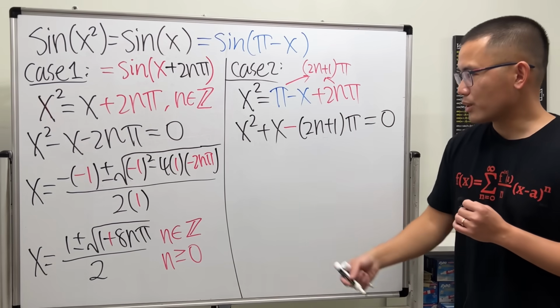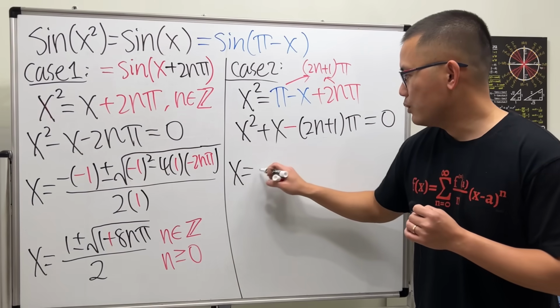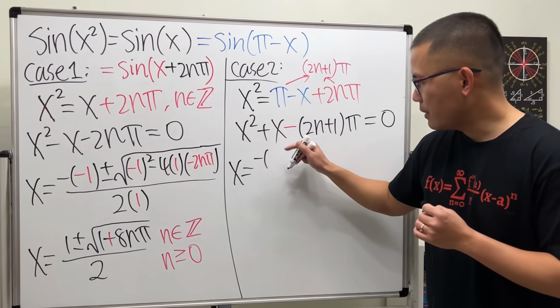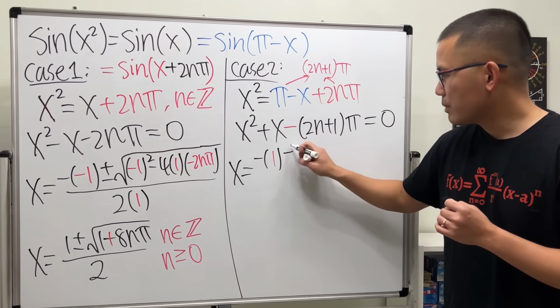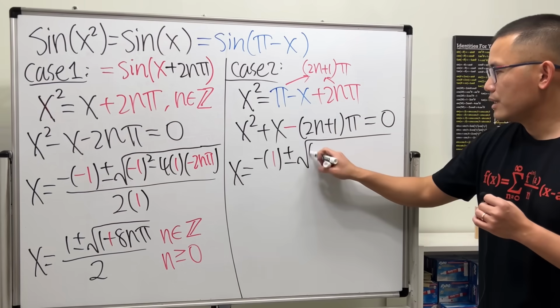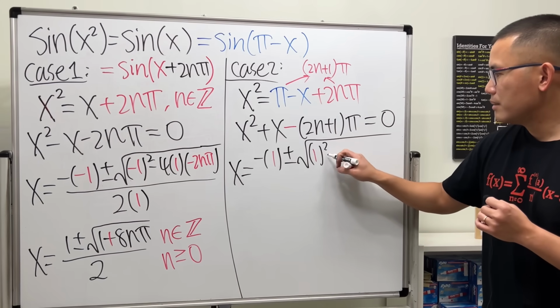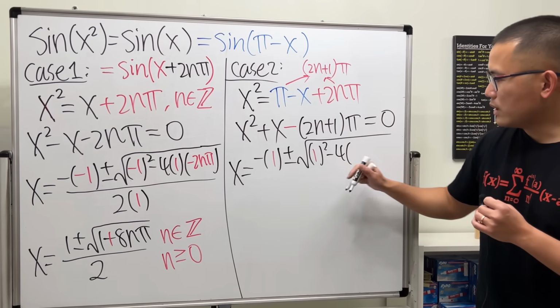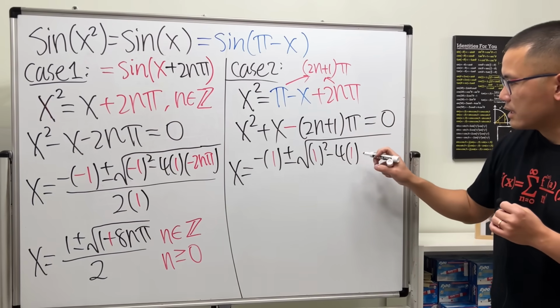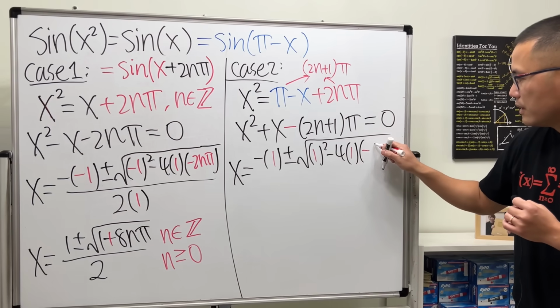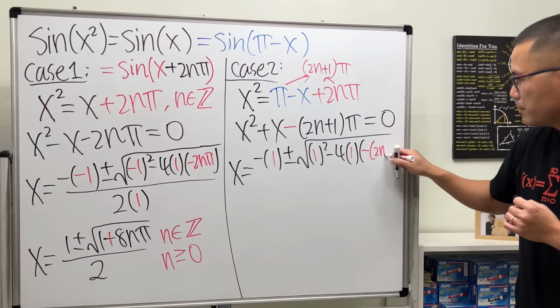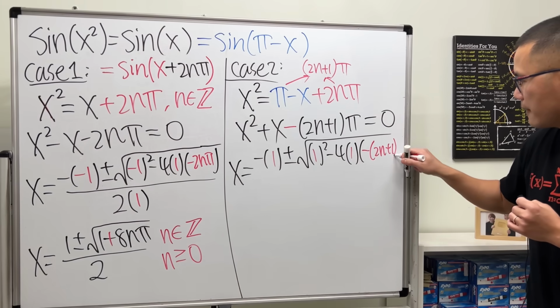And then once again, use the quadratic formula. X equals negative, and b here is 1, plus or minus square root. B is 1, minus 4, a is 1, c is negative, and then 2n plus 1, pi.